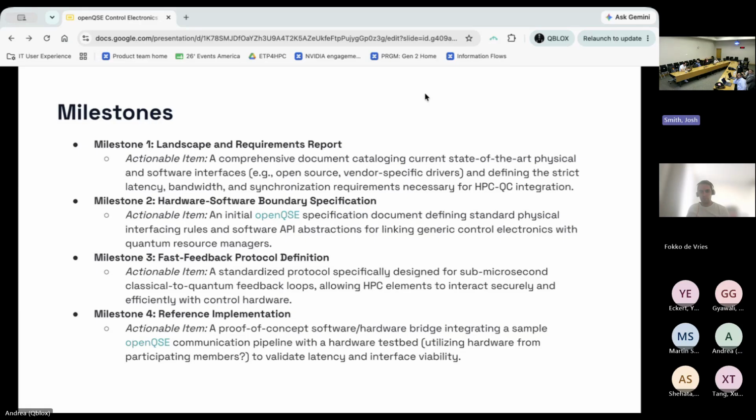Because then milestone two would be to use that information to start setting boundaries, if we wanted to have an interface that would be common, at least for the openQSE architecture, and how this information fits into where we draw the line. And of course, how we interface with the compiler.